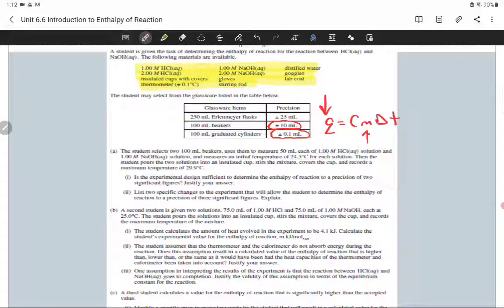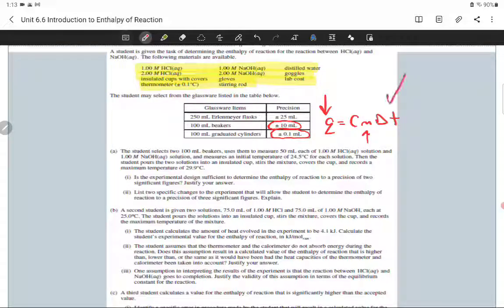We can't do anything with C. Specific heat is the specific heat. We can't change that. But if we want to be able to get possibly more significant figures, if we get something that has a greater answer, we might be able to get more significant figures.